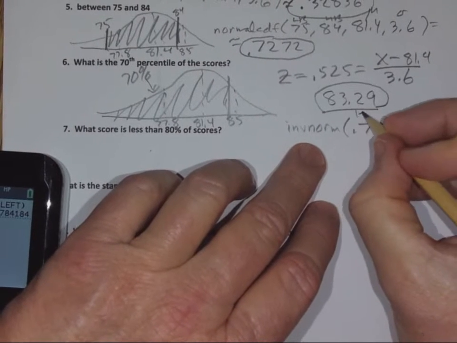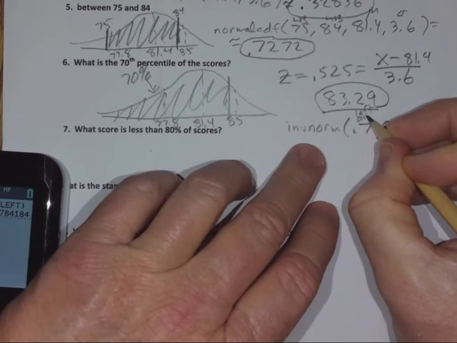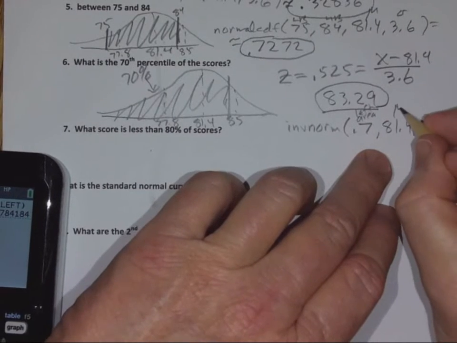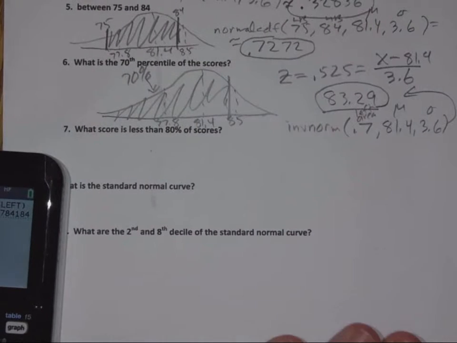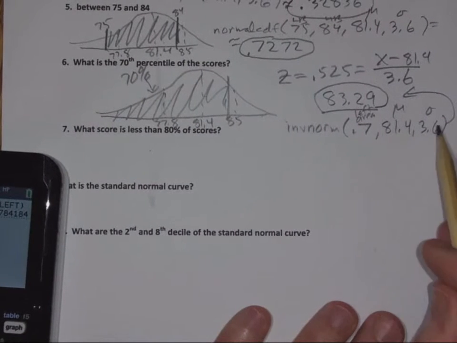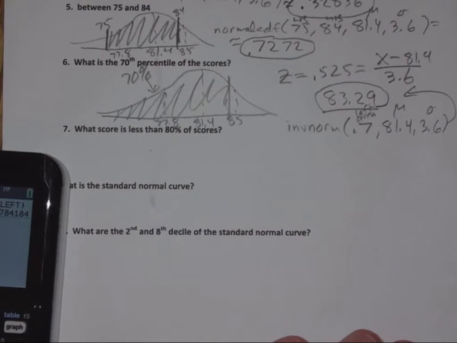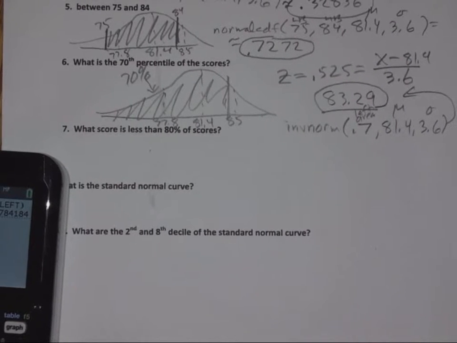This is my left area, and there's my mu and sigma, and that would give us that answer. We would get credit for naming the distribution, labeling our parameters, and getting the proper answer. So that is the 70th percentile.